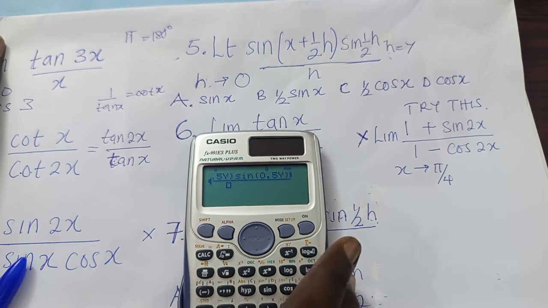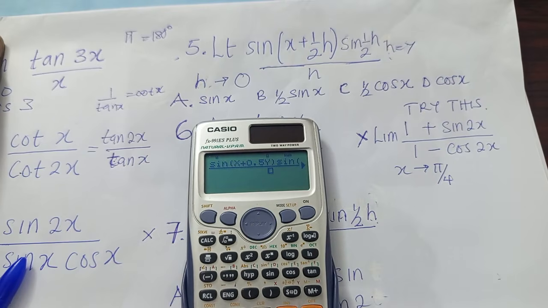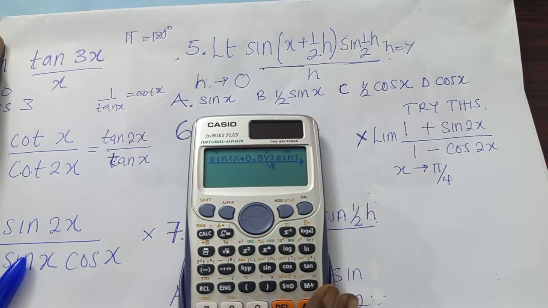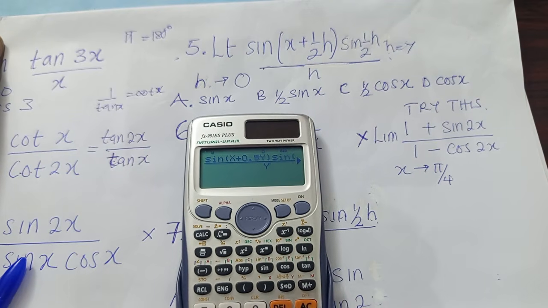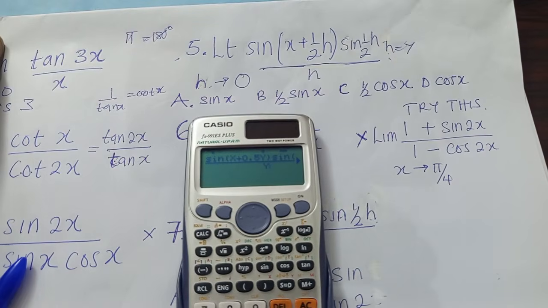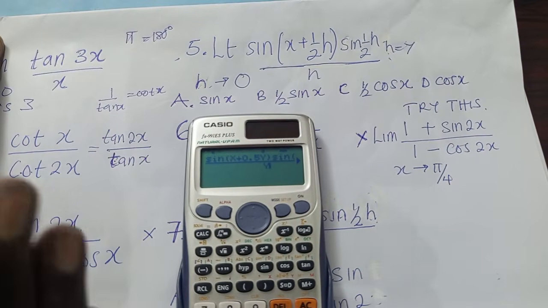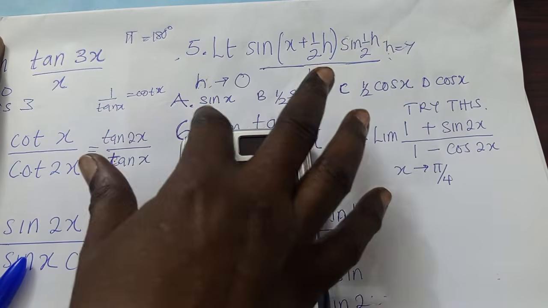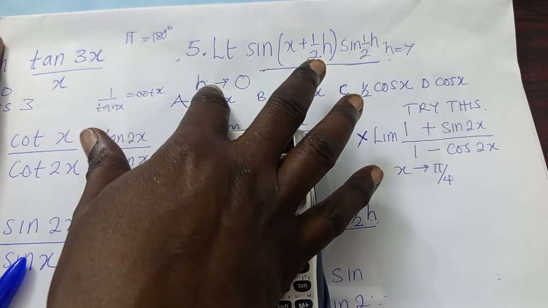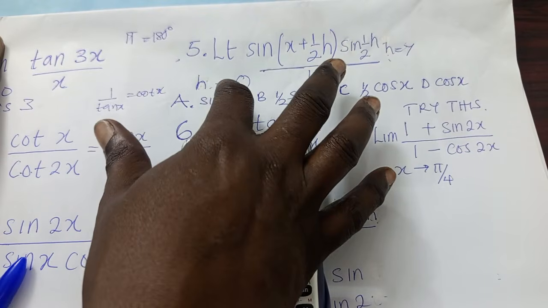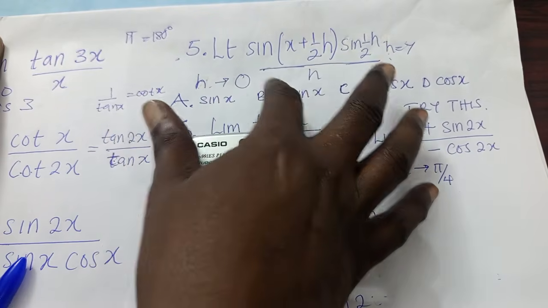Close bracket again. Then shift, take it down, we have alpha SD. We must bring y out. It will show the two variables we have in this one now, x and y. But our function now is not x, we are using y. So h is our y now. Don't forget, h tending to 0.